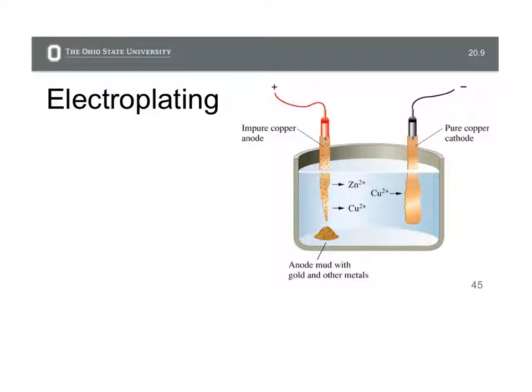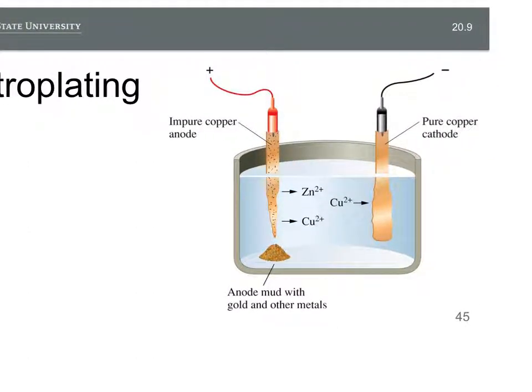But the process of electroplating is basically putting a pure metal on the outside of another metal object to make it look pretty, basically. So in this figure of electroplating, we're going to take some impure copper. Let's say it has copper ion and zinc ion. And we're going to use electrolysis to electroplate pure copper onto a copper cathode.